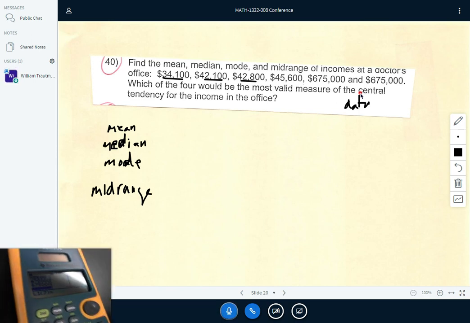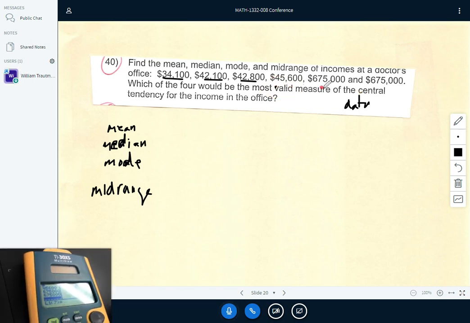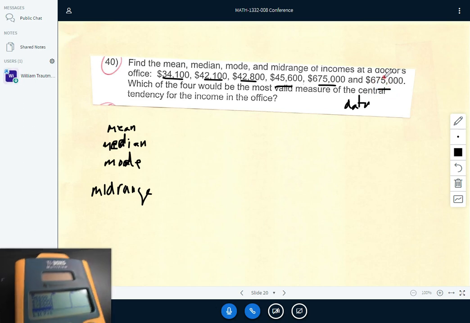So there are our 6 values that we entered into list 1.